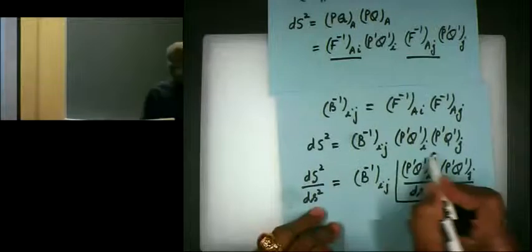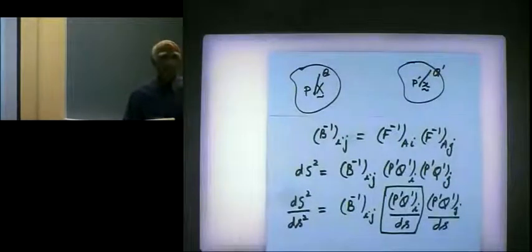So what is this quantity now? What is this quantity in terms of something you see in the figure? Direction cosines of P prime Q prime.